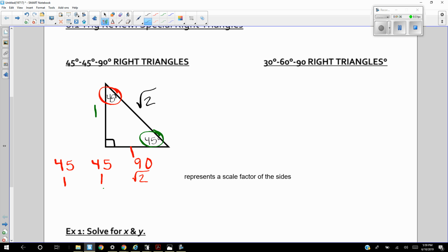A lot of times there'll be multiples of these numbers. And what we're going to do is set up a ratio. So the actual lengths of the triangle are going to go at the bottom of these fractions. So they'll go across the bottom, and usually these are going to end up being variables. I think you'll see here in a second how this process works.